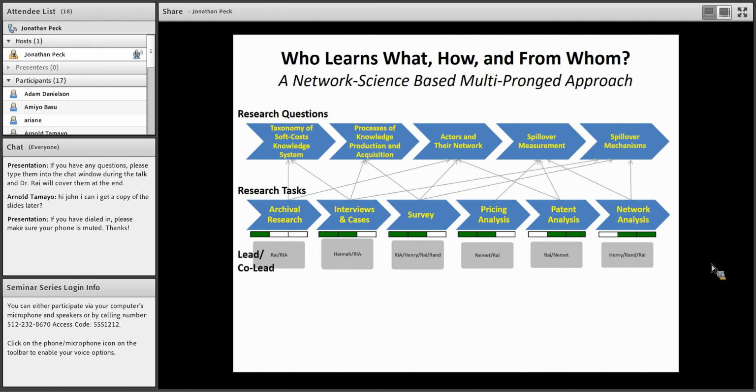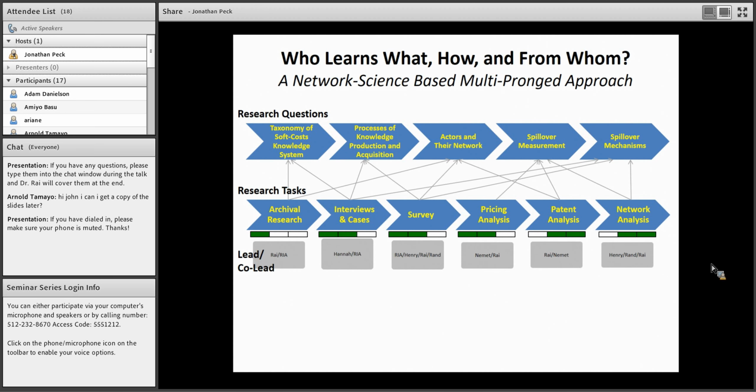How is knowledge related to every single soft cost element flowing between these different actors? Our efforts are also to measure spillovers much more precisely than we have done in the past, overall leading into an exploration of spillover mechanisms. How exactly are different knowledge elements moving across installers?